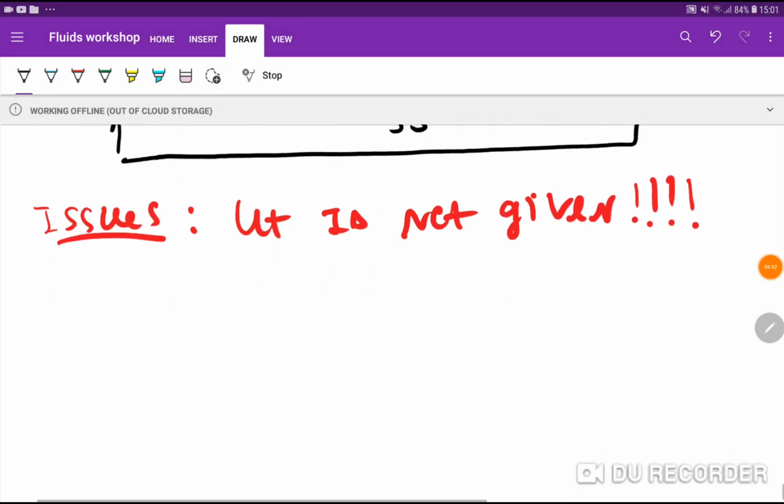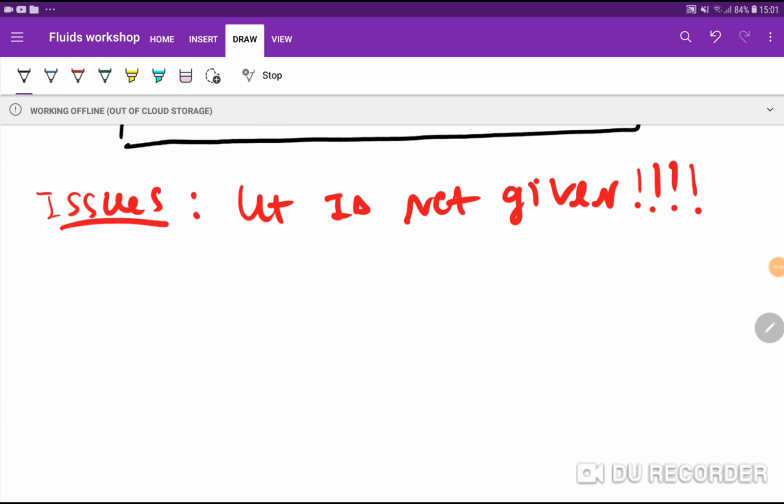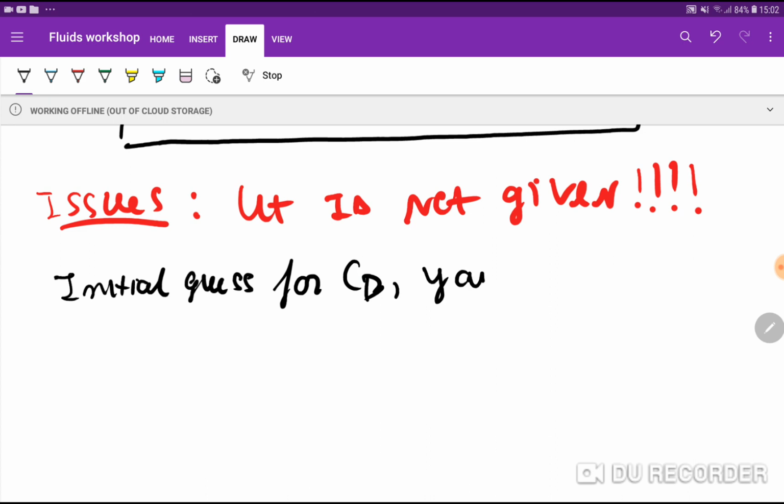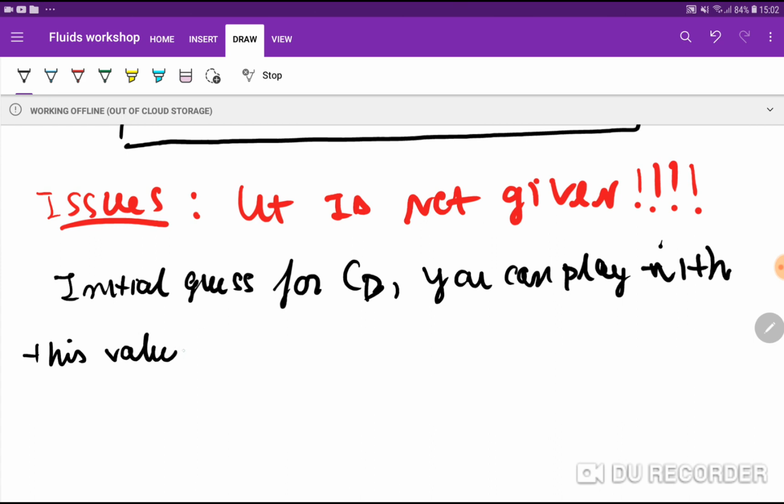Bear with me. So first, you start with Cd. You need to create an Excel sheet. First, you start with an initial guess for the drag coefficient. You can play with this value, anywhere from 0 to 1.